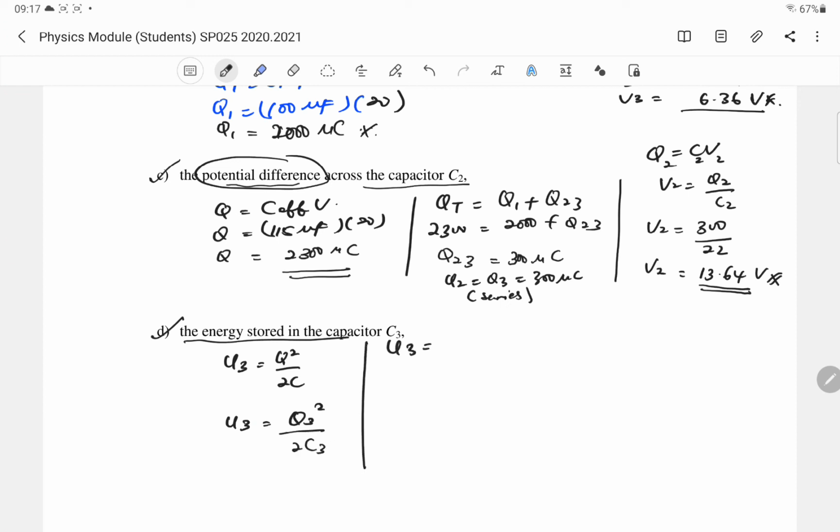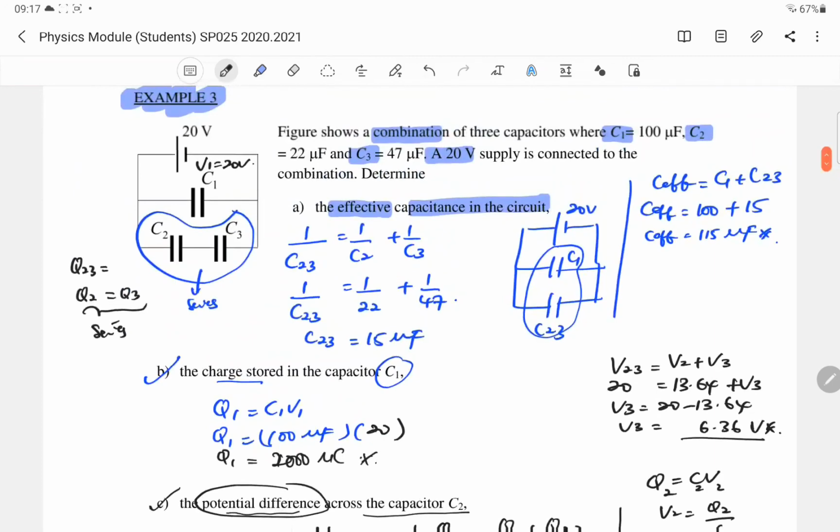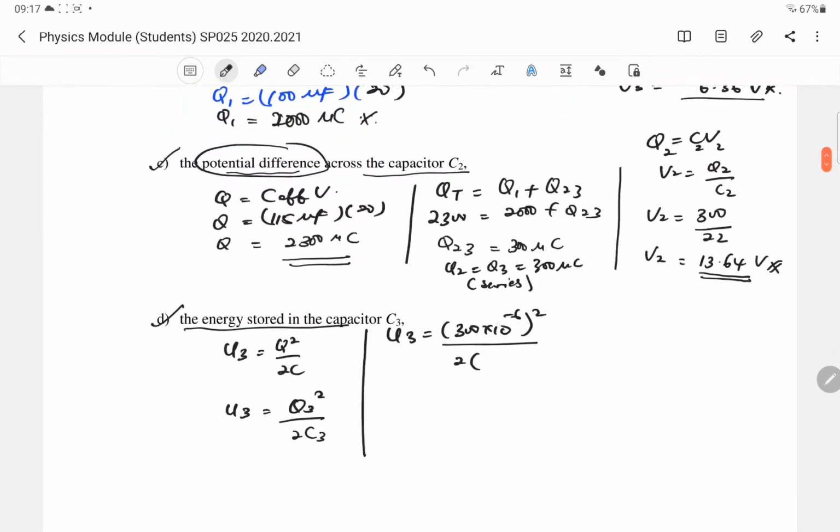Okay, Q3 is 300 times 10 power of negative 6 square over 2, C3 is 47 times 10 power of negative 6. So U3 equal to 9.58 times 10 power of negative 4 joules. Okay, so this one.